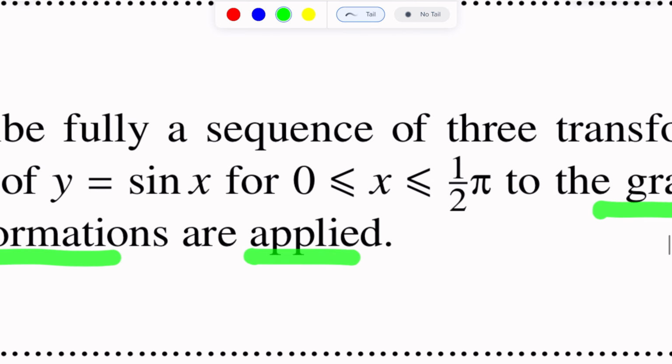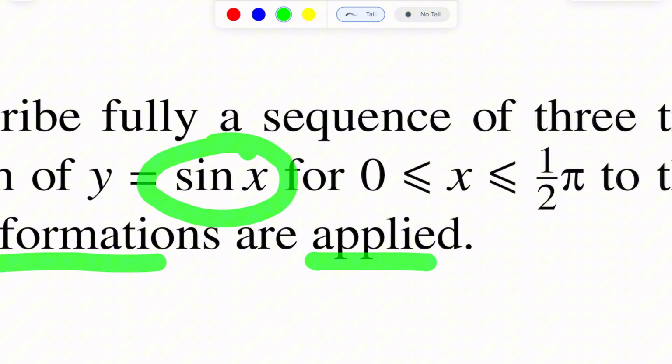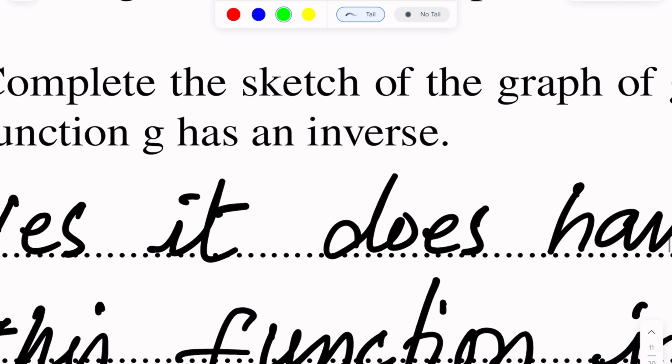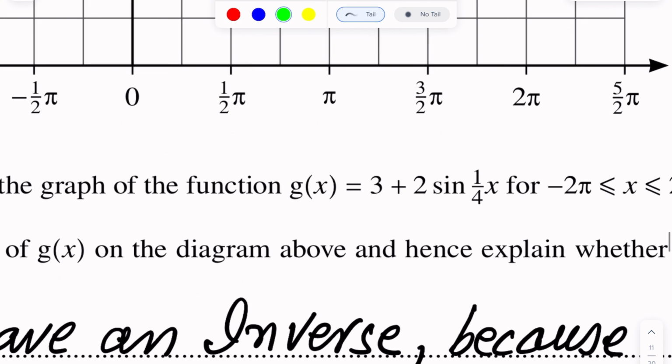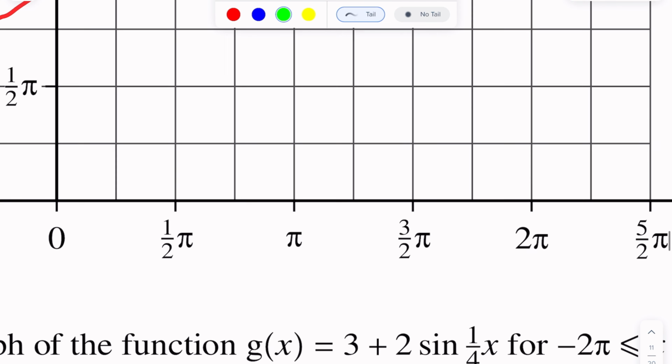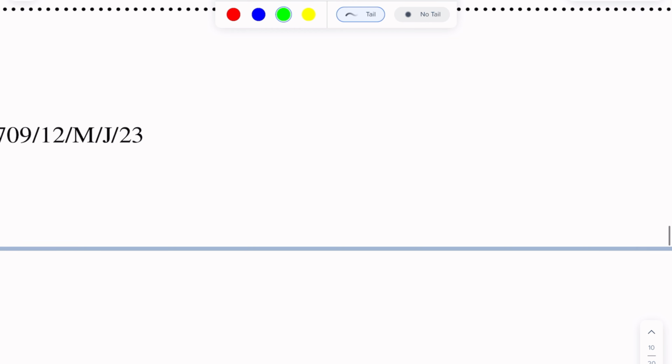Multiple transformations are applied on this basic graph, then it will become the function f(x) that is given.